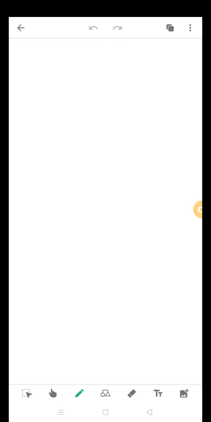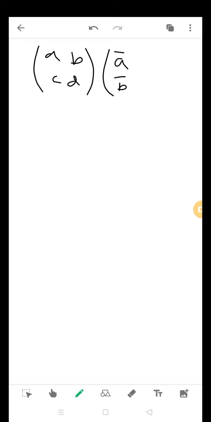First, let us write those matrices once again: A, B, C, D times A bar, B bar, C bar, D bar, where the bar stands for the conjugate, is equal to 1, 0, 0, 1.